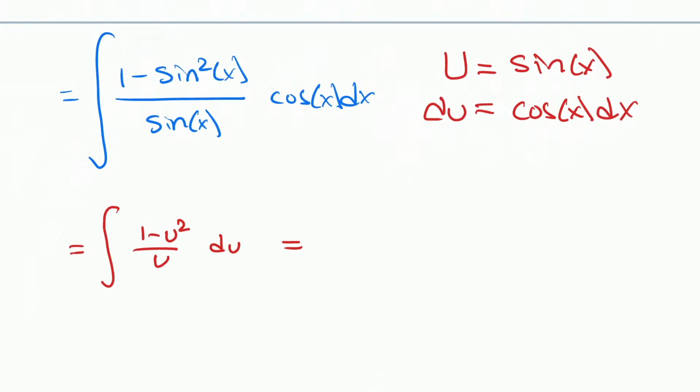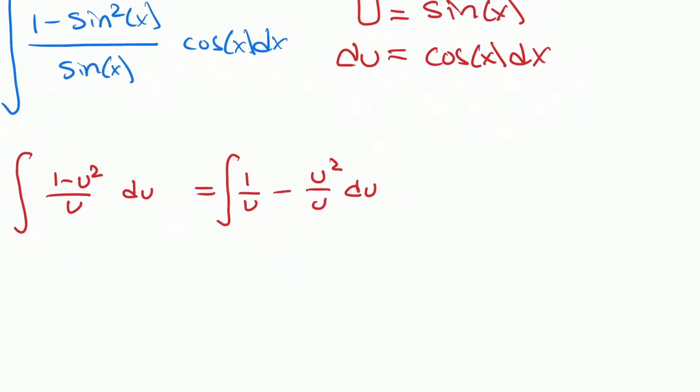Back in Calc 1, you had problems like this, and the first time you encountered them, you said impossible. But then you learned that you could do a little bit of algebra, it's not a lot, and separate this into two fractions, in particular 1 over u minus u squared over u. And so now that's easy to do. I'll just write it one more time.